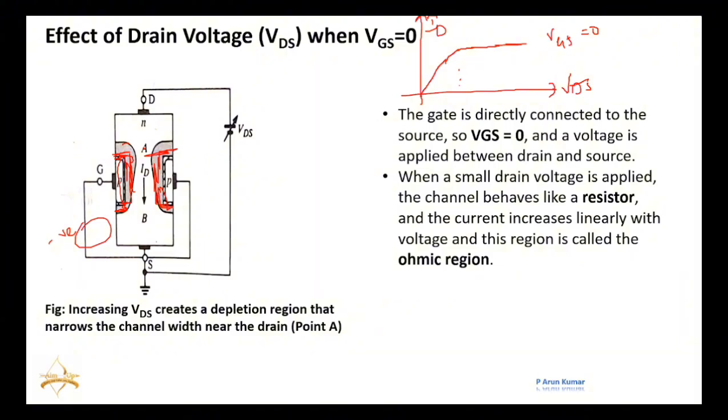So the effective channel decreases, which means the maximum current also decreases. Then I'll get the same graph, but just below this one. This is when VGS equals -1, -2, like that. In this way, we can see.